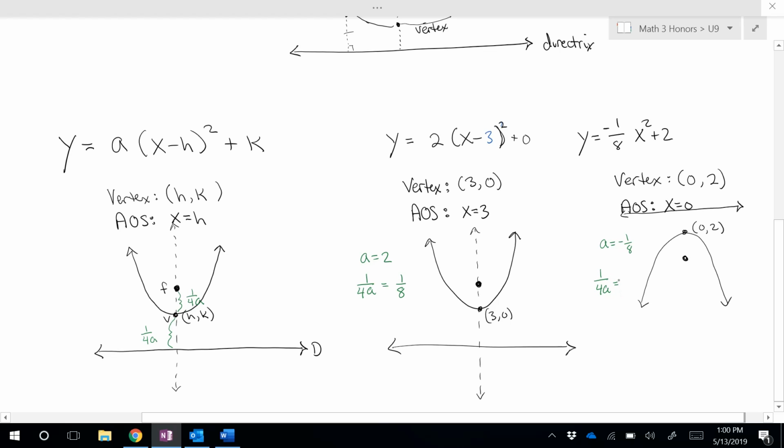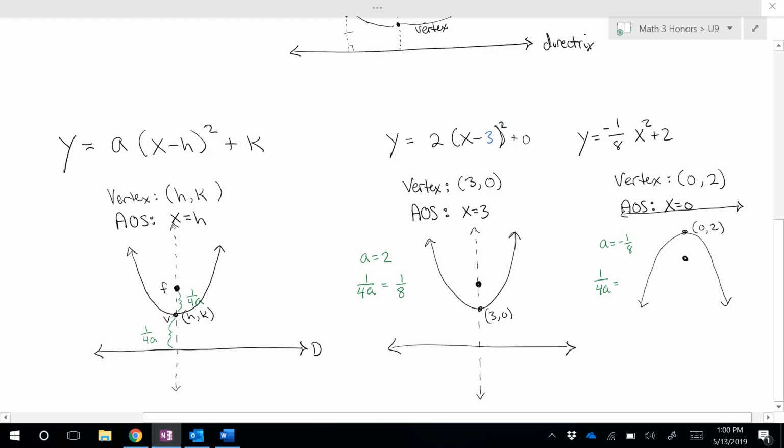Okay. Negative 2. And you could say, well, first of all, what's 4 times a? Right? 4 times a would be negative 4 over 8, which is negative 1/2. So this would be 1 over negative 1/2. And then if you have a 1 over a fraction, you can flip the fraction over.